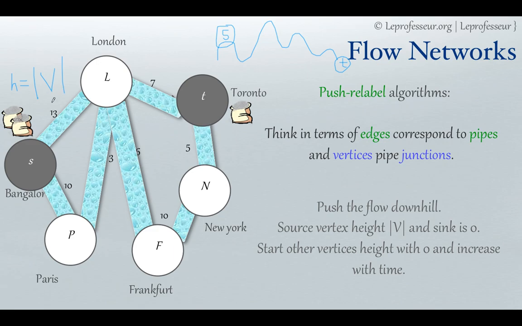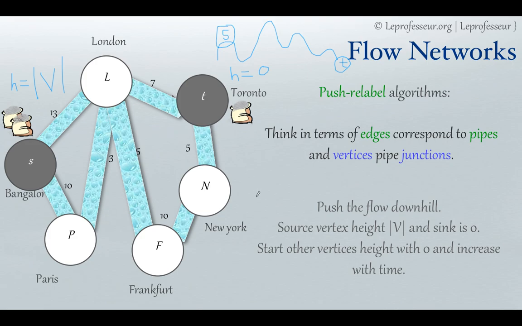That will become the source vertex height, and the sink vertex, that is Toronto, its height would become 0. That is the preliminary initialization step we are performing here, so that all the water is flowing between the Bangalore and Toronto nodes.